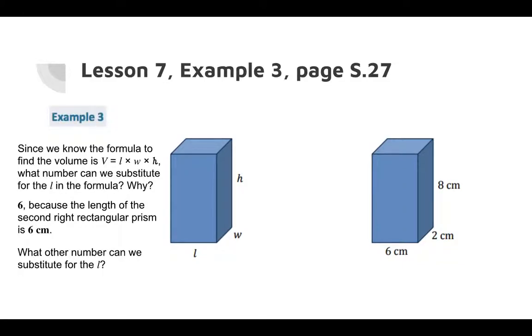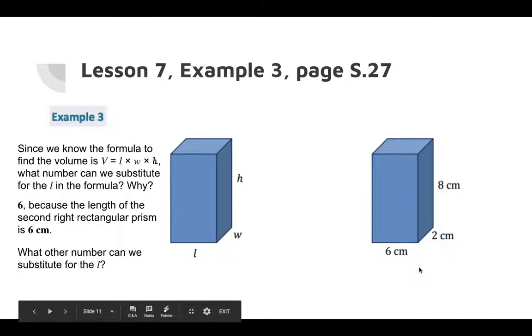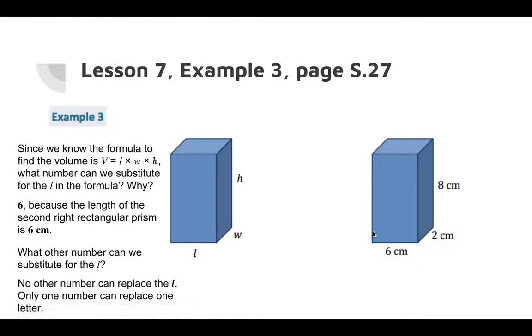What other number can we substitute for L? Can we think about it? Can we substitute this with another number? No other number can replace L. Only one number can replace one letter.